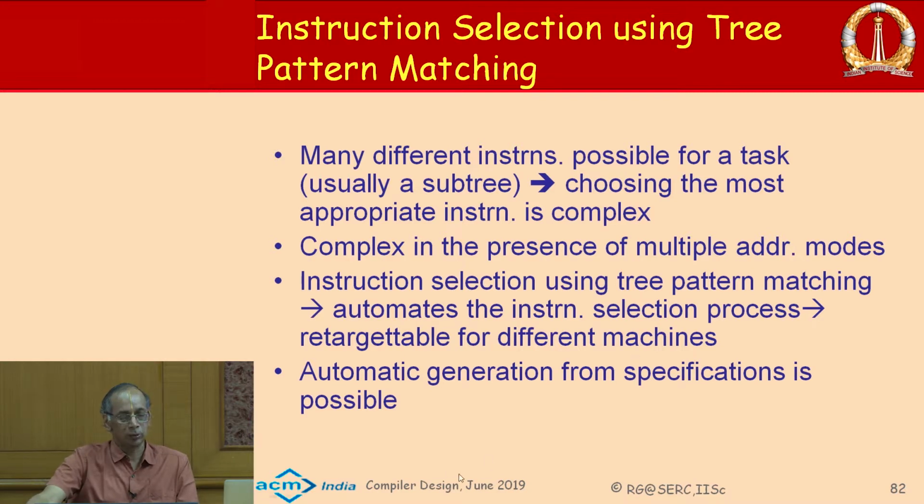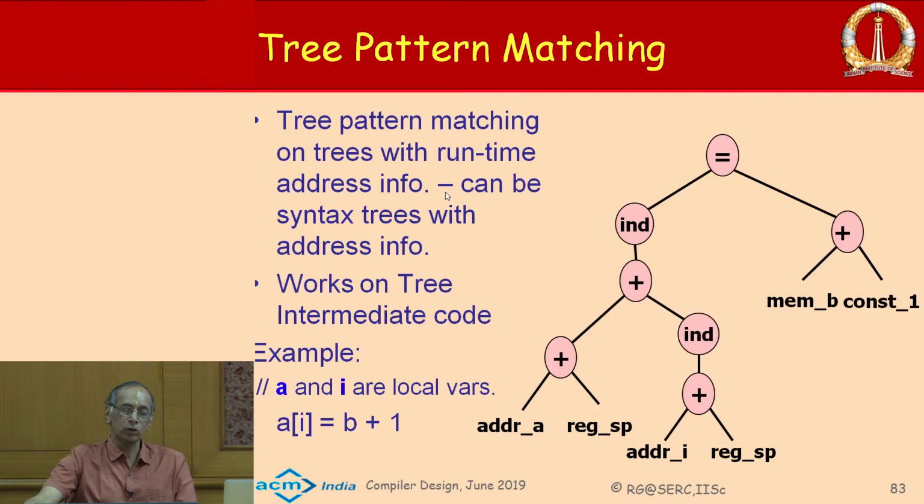Can we do that? It is possible to do that also, and an approach where you do instruction selection using tree pattern matching enables you to do that. In fact, we are going to briefly talk about two code generators which are very popular. Okay.